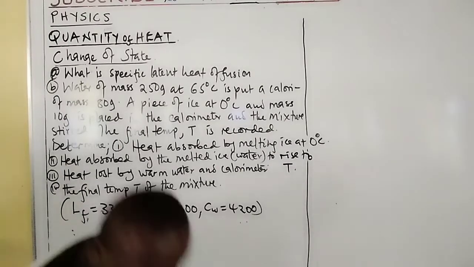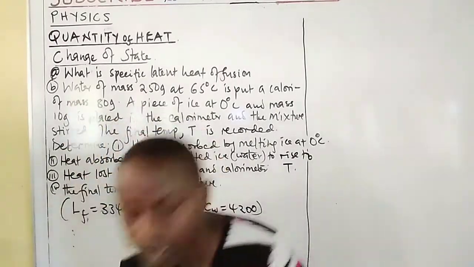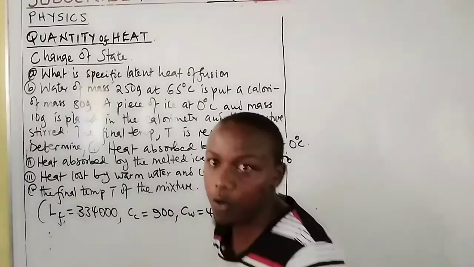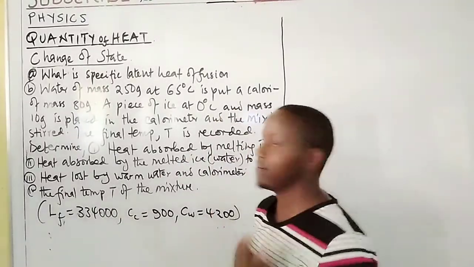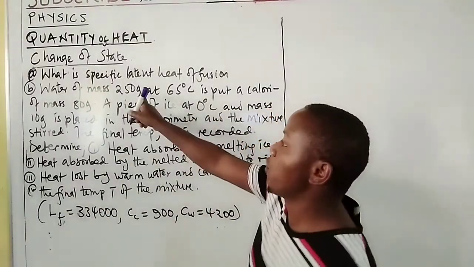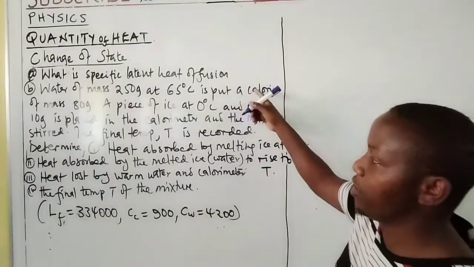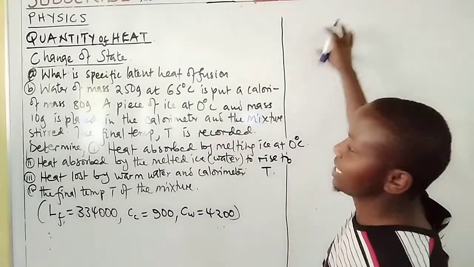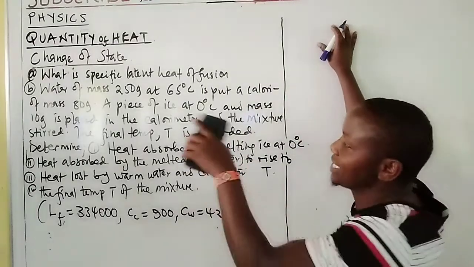Yeah, so we can go into the solution for this one after reading the question closely. First of all, we understand the processes involved. Here, we have water inside a calorimeter. The mass of water and the mass of the calorimeter are given. They are at 65 degrees Celsius when ice is put there.